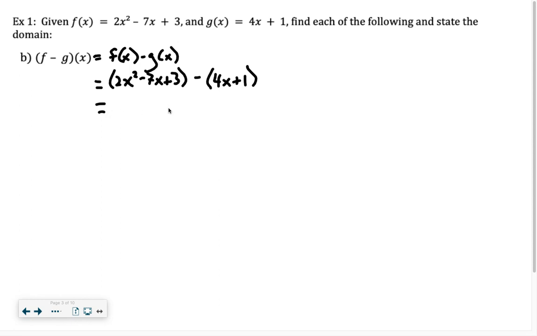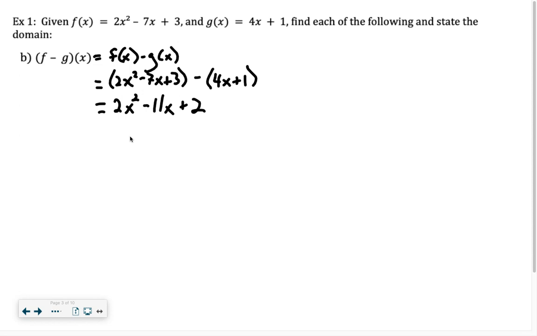So when I'm combining my like terms, I'm subtracting negative 7x minus 4x to get negative 11x, and 3 minus 1 to get 2. So this would be my f minus g of x.